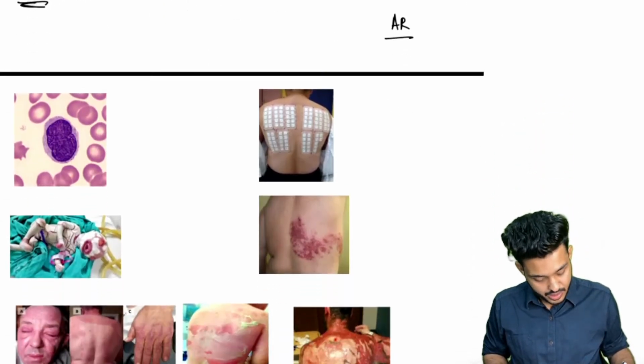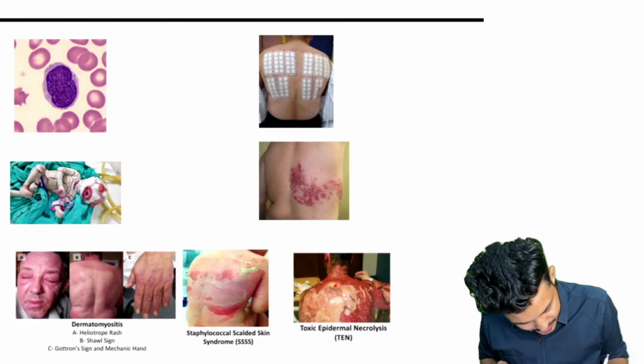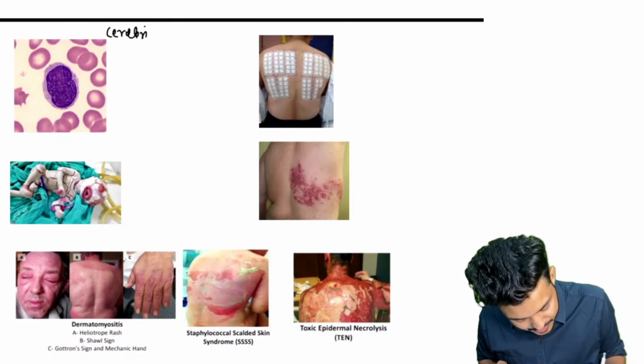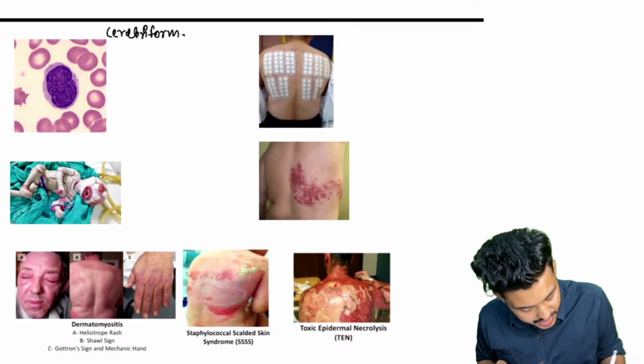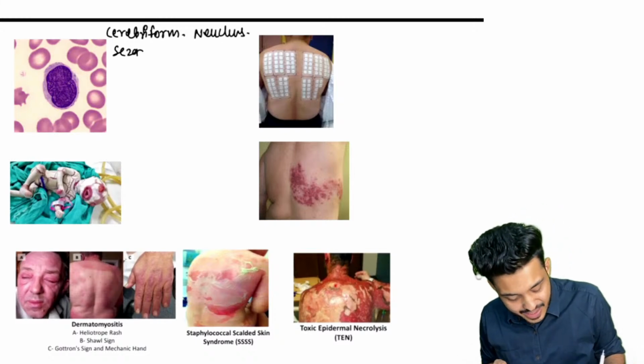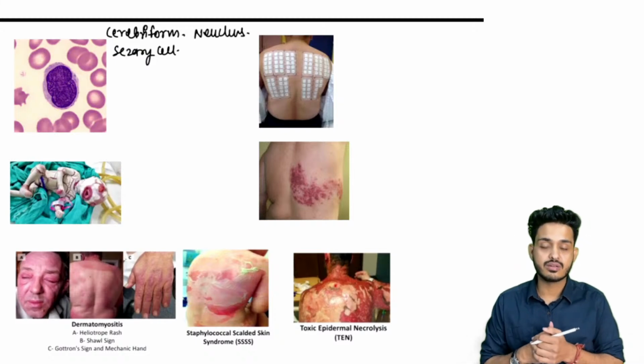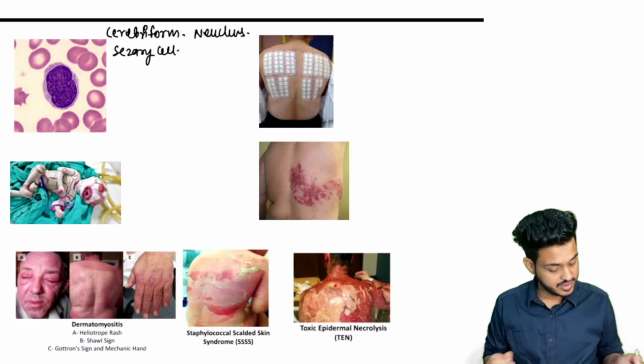Now look here guys, which is this cell? This is a cerebriform nucleus, or Sézary cells. From your pathology you must have studied this.